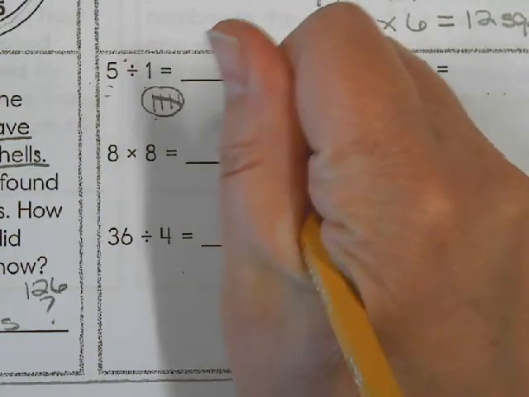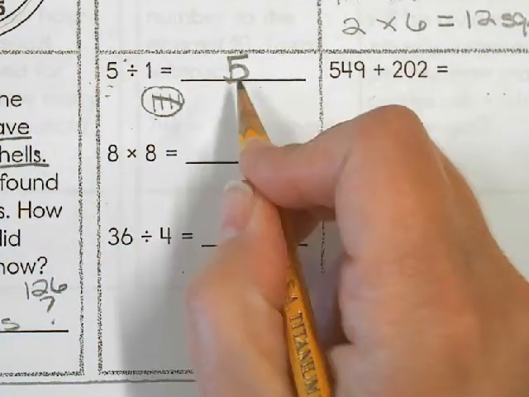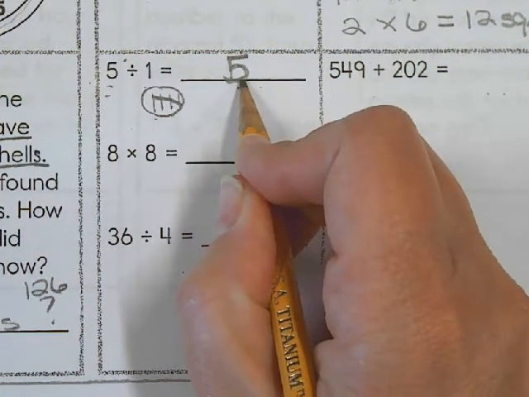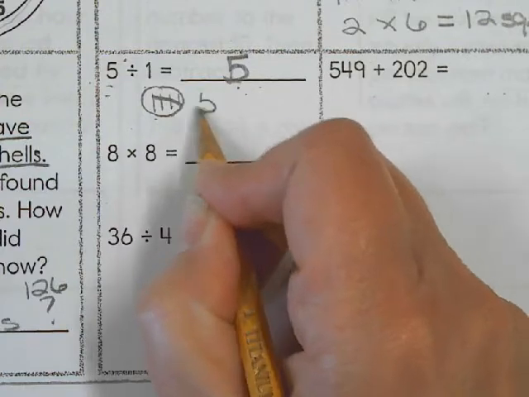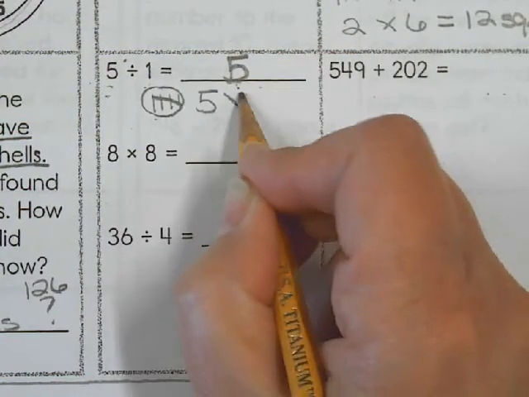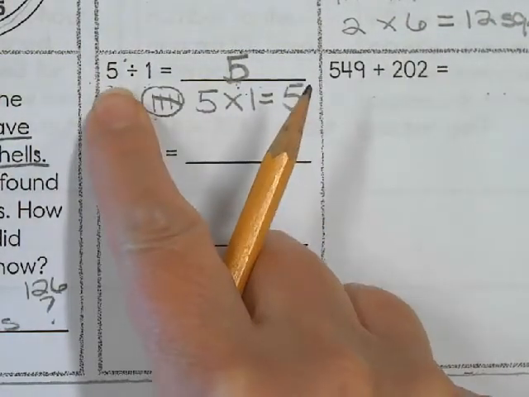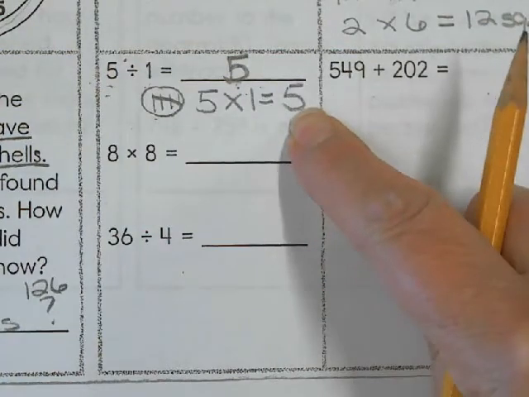We have 5 in that group. Again, remind yourself that you can check your division by using multiplication. So we have 5 in each group with 1 group, that gives us our dividend, which is 5. In this case, this is our product.